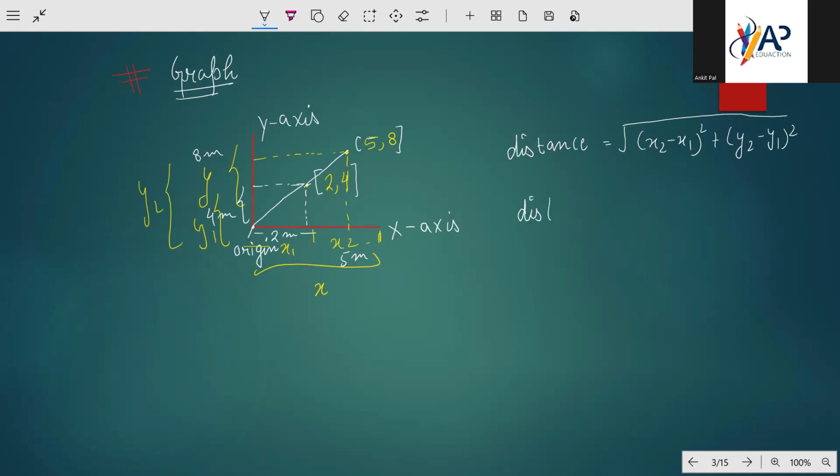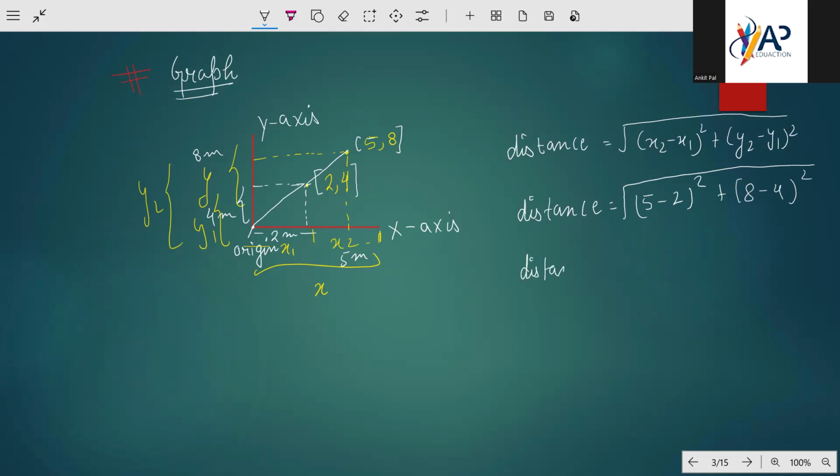Then the distance becomes 5 minus 2 whole square plus 8 minus 4 whole square under the root.